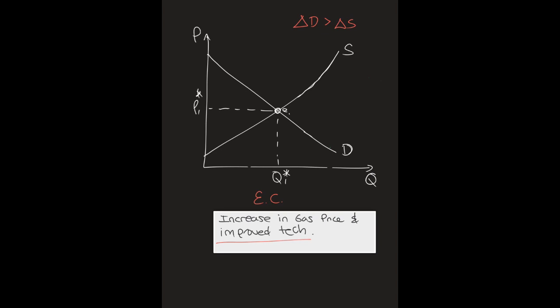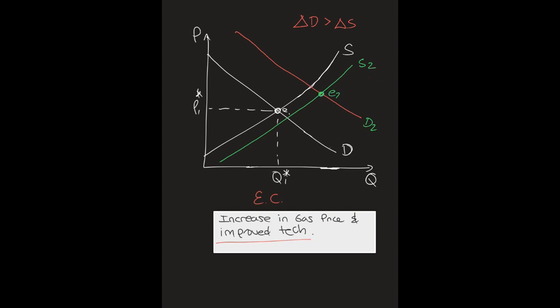What if the change in demand is greater than the change in supply? So let's see what happens when the shift in demand is greater than the shift in supply. So we'll do an exaggerated shift in the demand curve, and we'll change the supply just a little bit. So here's D2 and S2. Well, what do we have in this case?